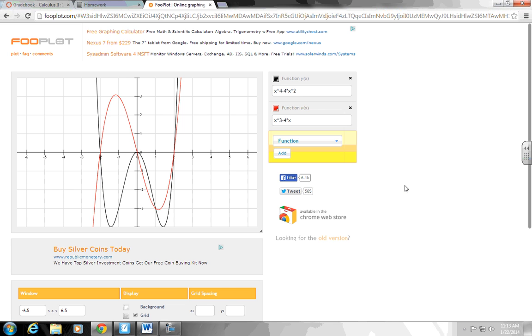So what's going on here? At first, from -2 to 0, you have a cubic above the other one, but then they change. Then they switch, and then they switch again.